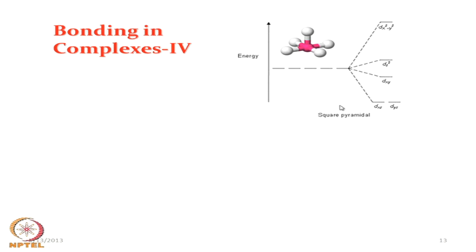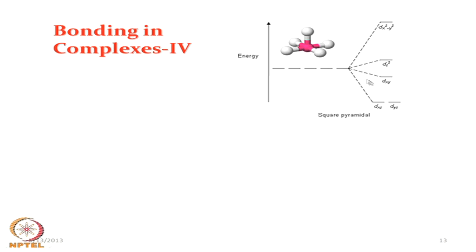How can the corresponding ordering of the different d orbitals take place? That basically gives us some idea of how we derive it starting from the octahedral geometry or the square planar geometry.